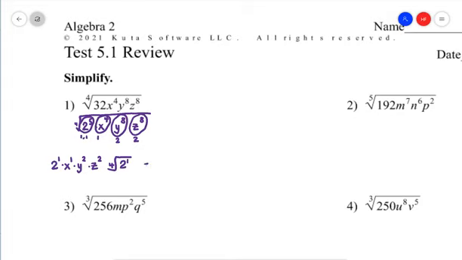So when we write our final answer, I do like to remove the dots, and then if there are powers of 1, I'll just write them without the power on there. So we have 2x y squared z squared 4th root of 2. And then that will be our final answer.